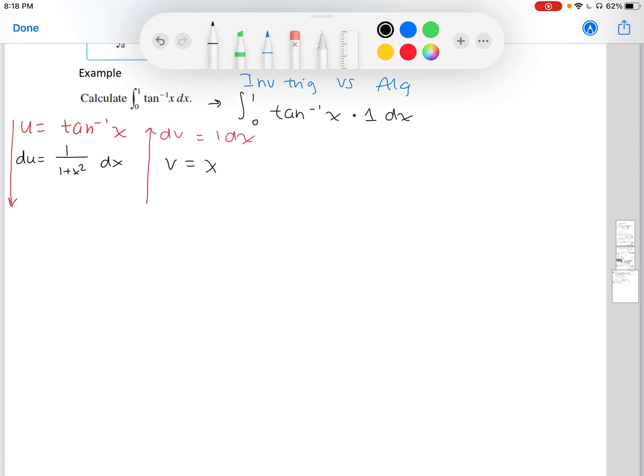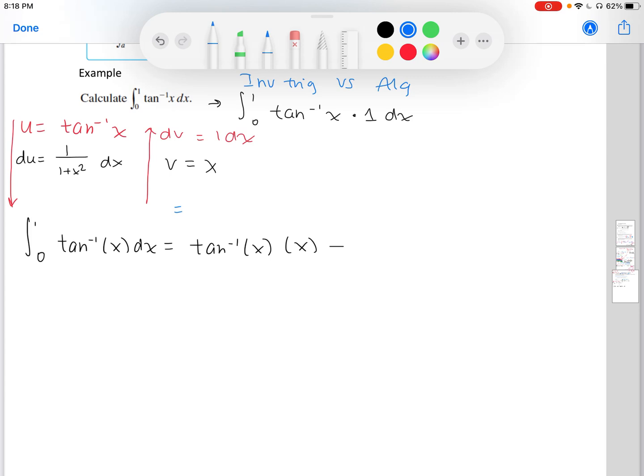So we have that the integral from 1 to 0 of tangent inverse of x dx is equal to u, which is tangent inverse of x, and our v, which is x, minus.